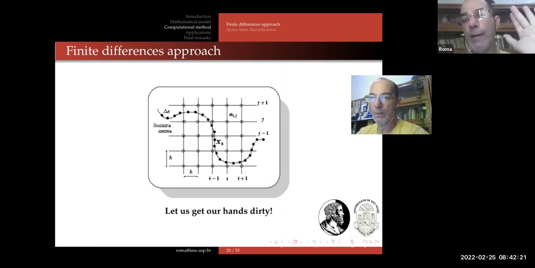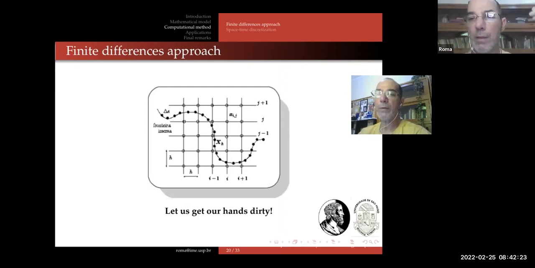Eulerian fluid flow variables are located at Eulerian grid nodes, and for the immersed structure, you use a different set of points. They do not coincide with Eulerian grid nodes. They are anywhere inside the region, and they move.